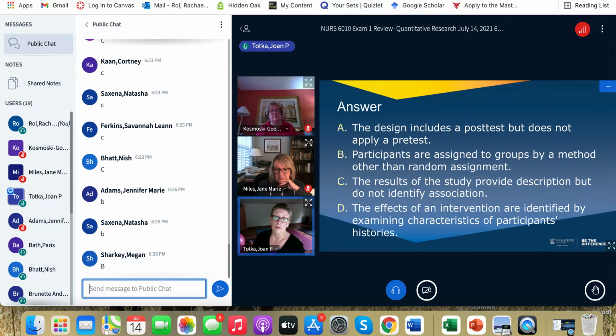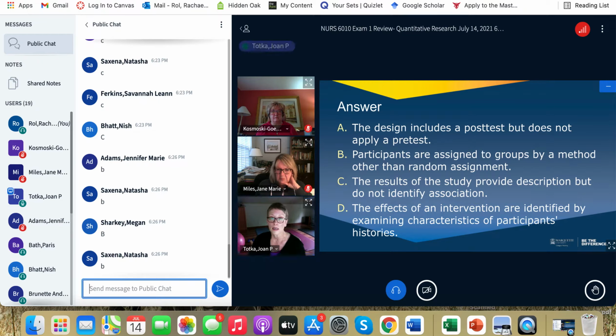The design includes a post-test but does not apply a pre-test. Participants are assigned by a method other than random assignment. The results describe but do not identify association. And the effects of the intervention are identified by examining characteristics of participant histories.